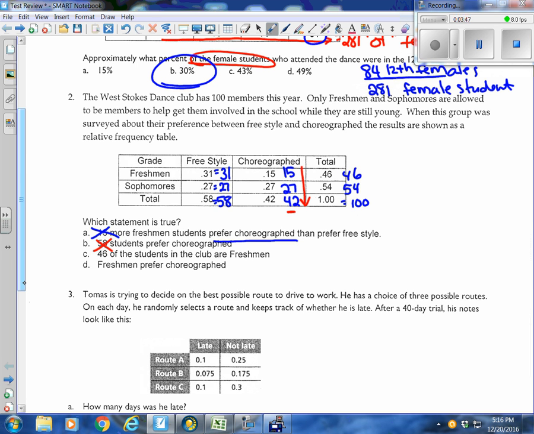So if I'm looking all the way across the graph to the freshmen, sure enough, the total of students who are freshmen in this club is 46. I'm locking in choice C. I'm going to say that is correct. And the letter D, just to make sure we can compare: freshmen do not prefer choreographed. They prefer freestyle. So choice C is correct for number two.